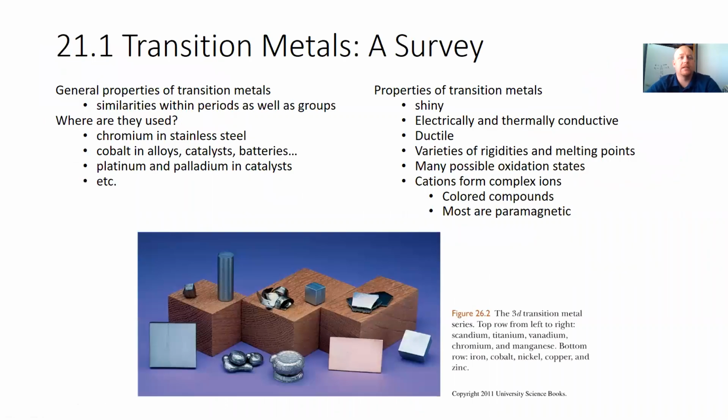So starting down this path, the thing to begin with is this transition metal survey. The idea here is let's just get a feel for what transition metals are. We've talked about metals in the past, as far as all the things that all metals have in common. Before we get back to that and review a little bit, let's think about the properties of the different elements.